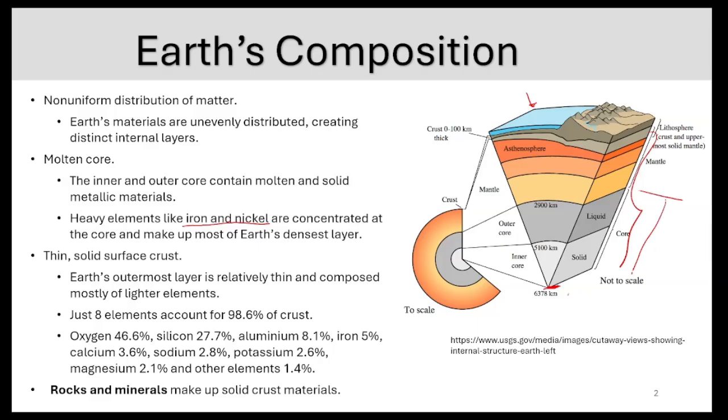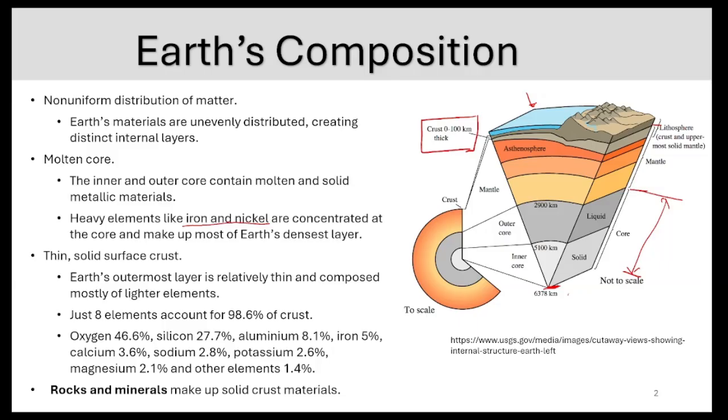So the core section of Earth is mostly made up of heavy materials like nickel and iron, and the lighter, less dense material floated upward to form the mantle. Critical for us, the thin surface crust we live on is also made up of these less dense materials.